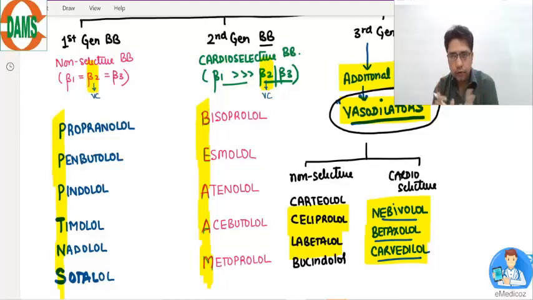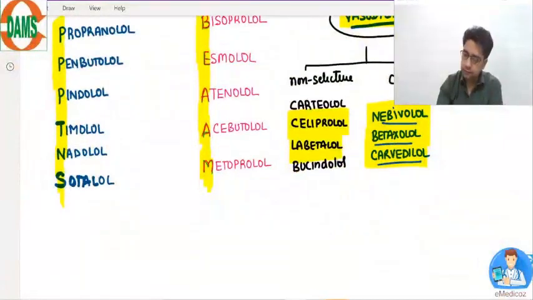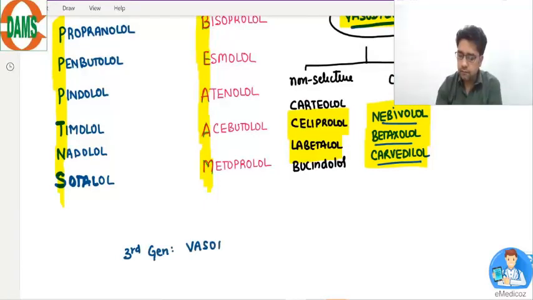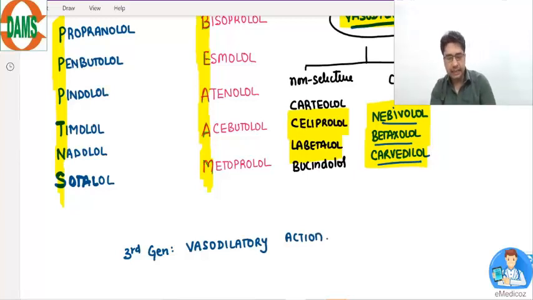Now, the second point arises: why do third generation beta blockers have vasodilatory property? So let's write about the vasodilatory action of third generation beta blockers.